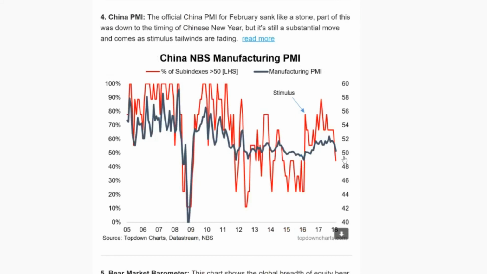Number 4 was a shocker of a result for the official China PMI for February. I think that most of this is down to the timing of Chinese New Year. It was in the middle of February, and what they do for Chinese New Year is have a 1 week long national holiday.